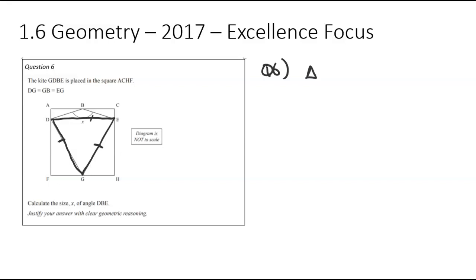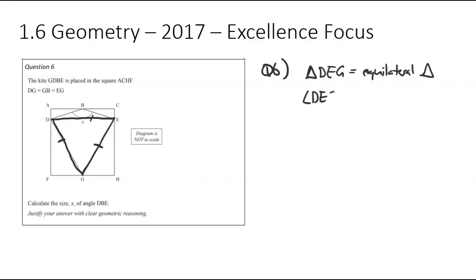So triangle DEG is equal to an equilateral triangle. And what that tells us about all the internal angles is they're all going to be 60 degrees. So let's get through listing them.